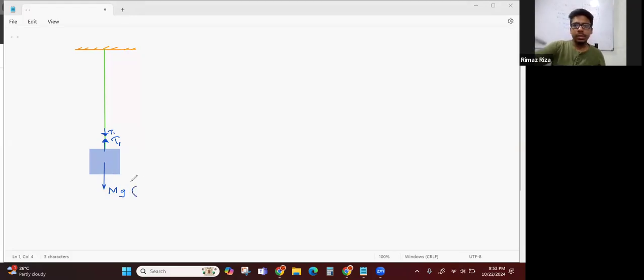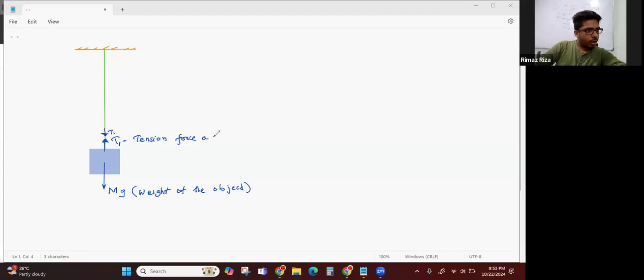So mg is the weight of the object, and T1 is the tension force acting on the object by the string.